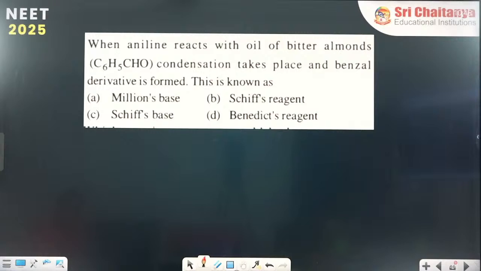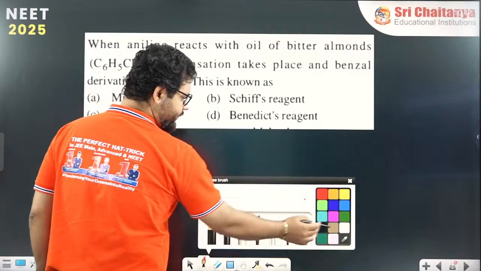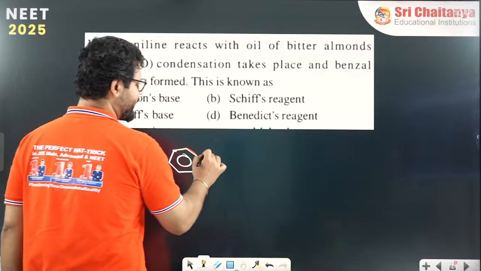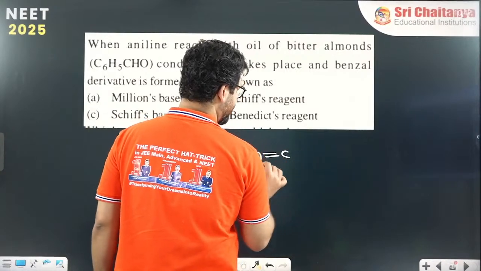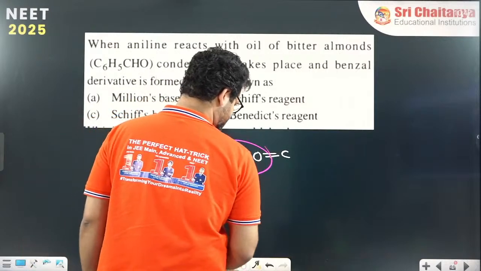What would be the answer for the next one? Can you tell me? Aniline reacts with oil of bitter almond, which is benzaldehyde. So remember that whenever you take aniline or any nitrogen containing compound, meaning an ammonia derivative, and you react it with any aldehyde, I told you condensation takes place where water goes out like this.